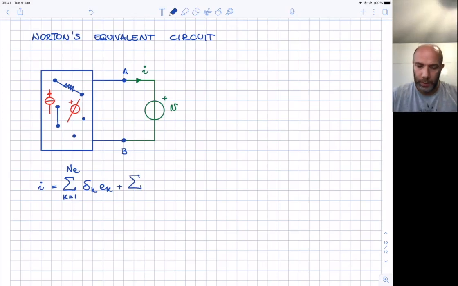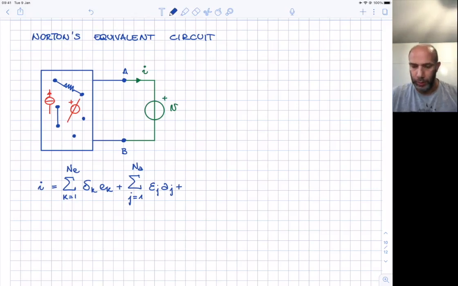So the sum for J from 1 to the number of current generators of epsilon J A J, plus the contribution of the external voltage generator.